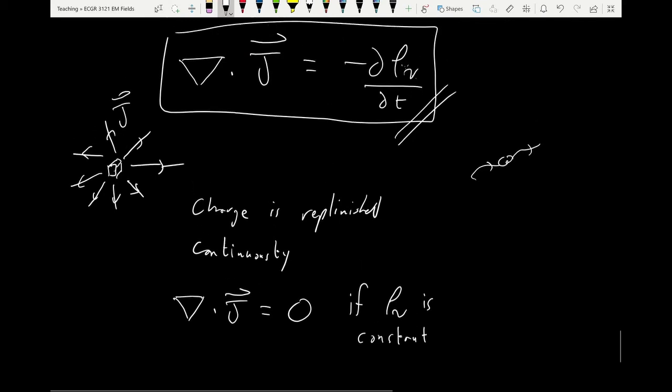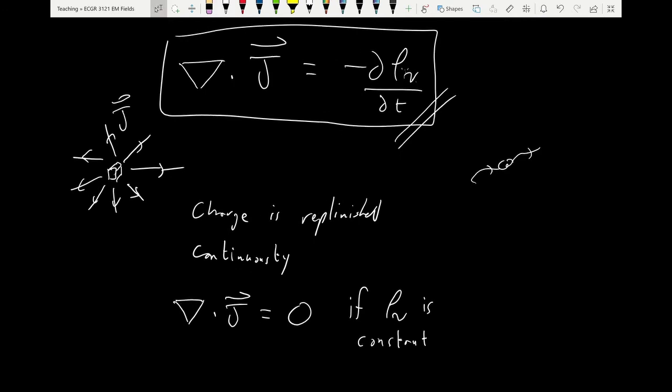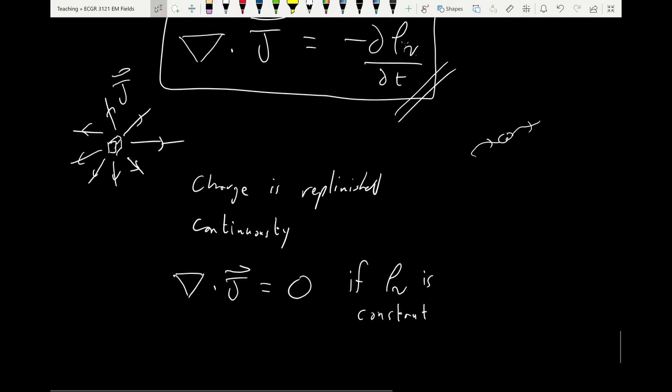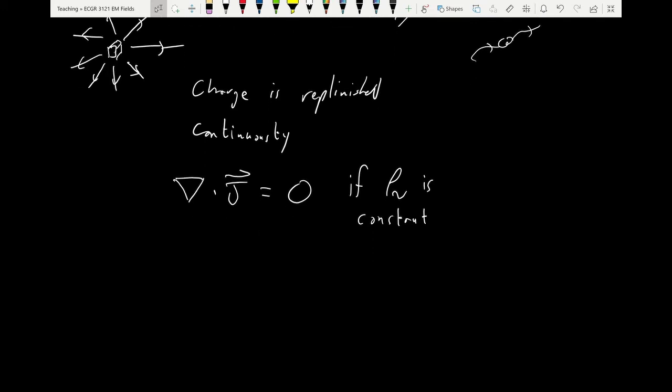If rho v changes with time, we get the other equation. If rho v does not change with time, the divergence of J becomes 0, which makes J, in that case, a solenoidal field. Typically, and in this chapter, we're focusing on steady current.